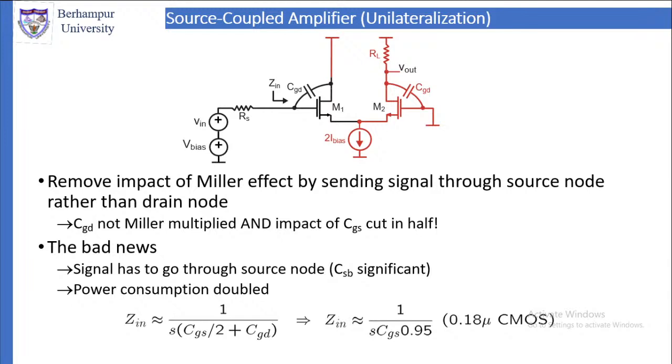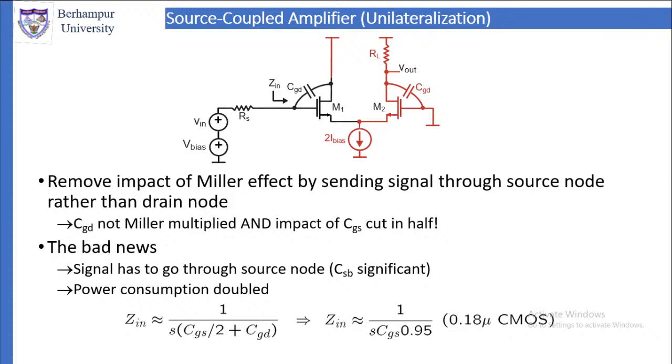the two CGDs are in series, which means the total effect is half. If you connect two capacitors in series, the total effect will be half. So CGD is not Miller multiplied here, and the impact of CGS is now half.